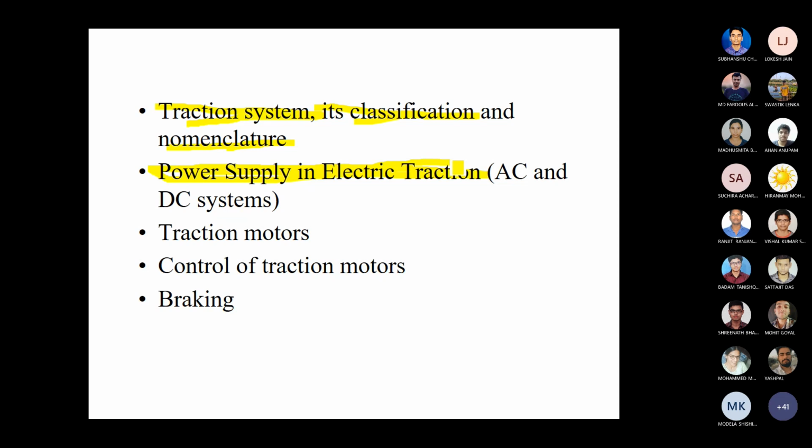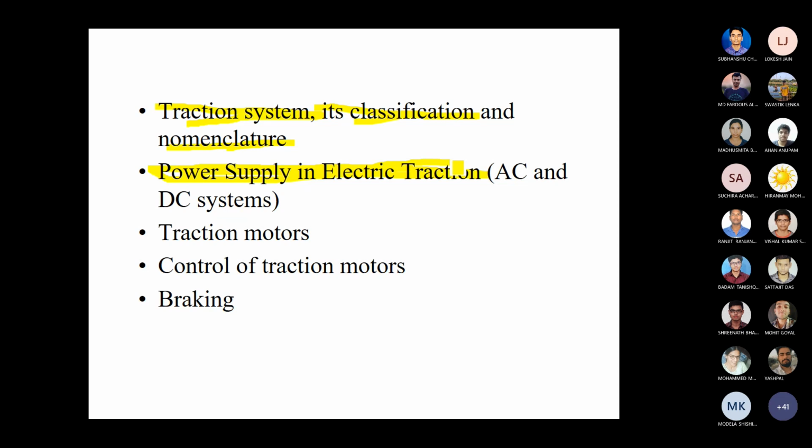I saw them, so that's why I can tell you. EMU means electric multiple units, and in that case we were using DC series motors. But now that motor has changed to induction motors. How the electricity comes from the pantograph, the overhead line, to your motor, every individual path I will discuss one by one.